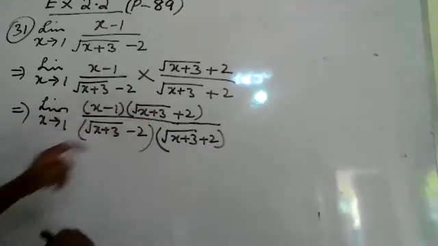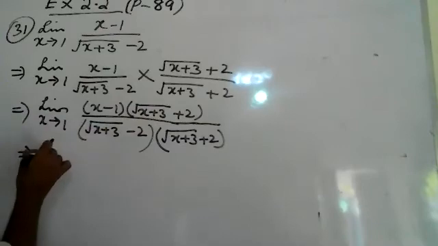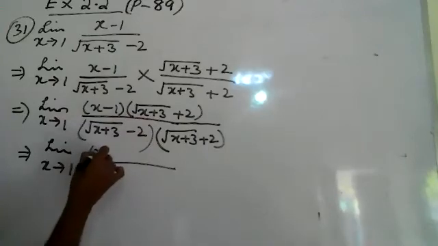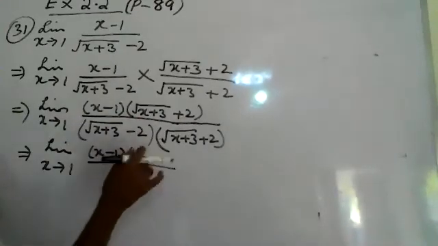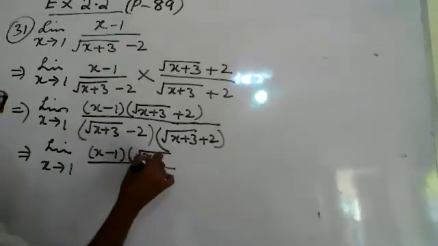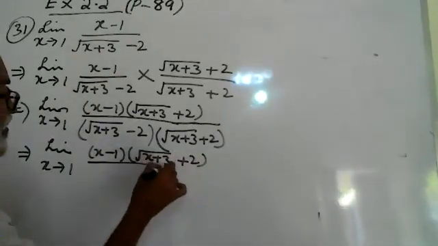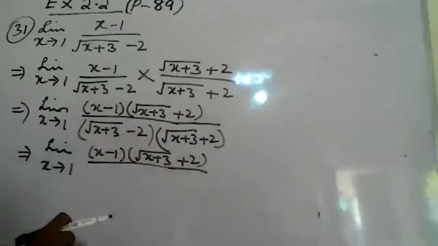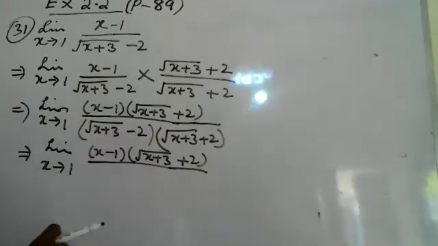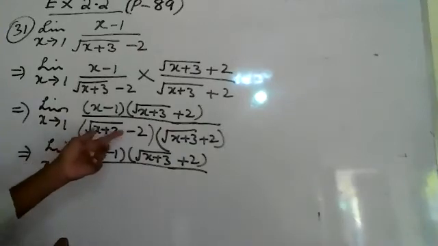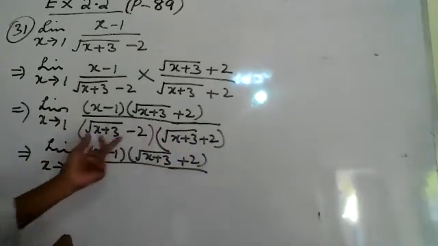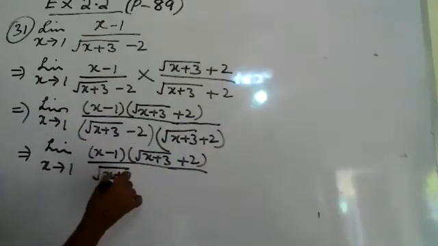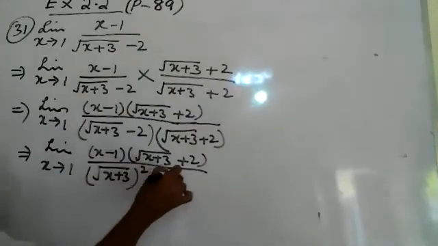The upper one remains as it is. Whose conjugate we found, that will be multiplied only. The conjugate and the original number will be multiplied, so it becomes a minus b into a plus b, which is a square minus b square.